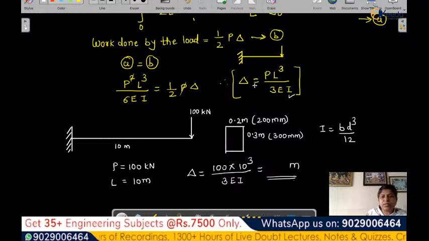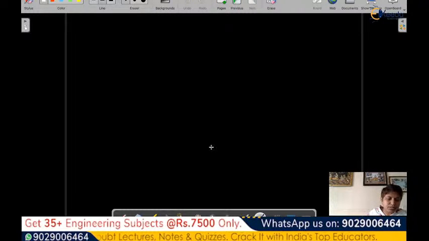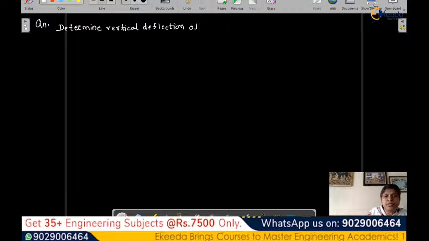So let's consider a problem on a frame. Determine the vertical deflection of point C as shown in the figure.